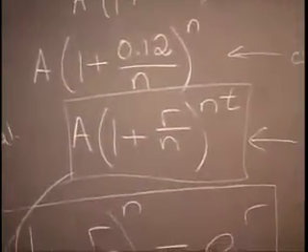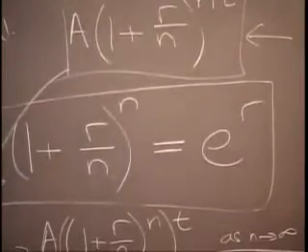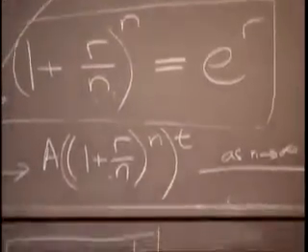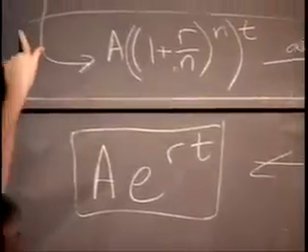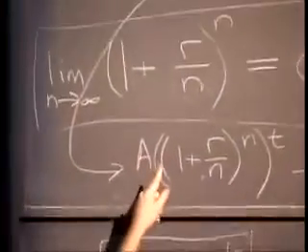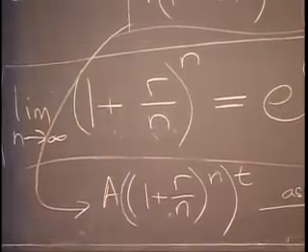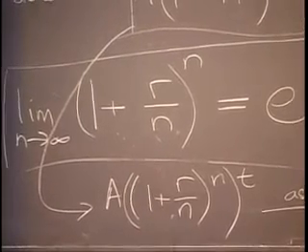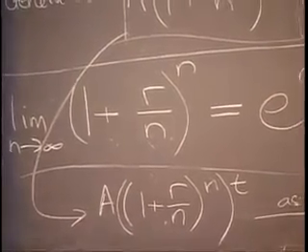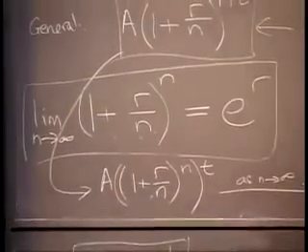By the way, there are two other limits that you're expected to know. In this limit up here, if we can just focus on there for a second, see, n gets very large. So if you replace n by 1 over h, then h gets very small.